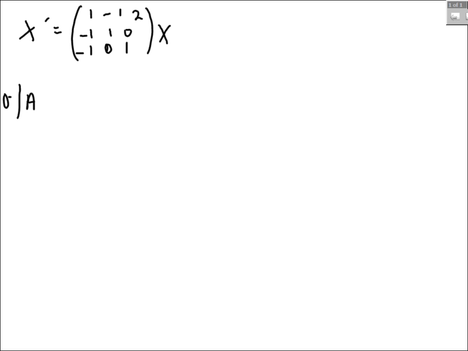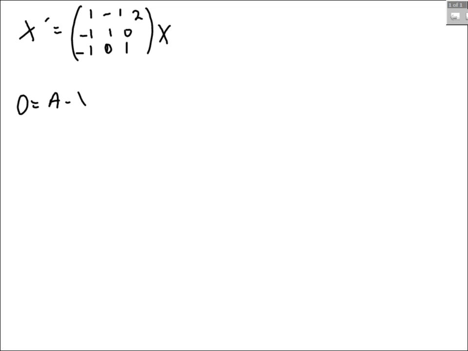Suppose you were given the problem x prime is equal to some matrix times x, and you want to find x. Now, you define the characteristic equation: 0 is equal to the determinant of A minus lambda I.